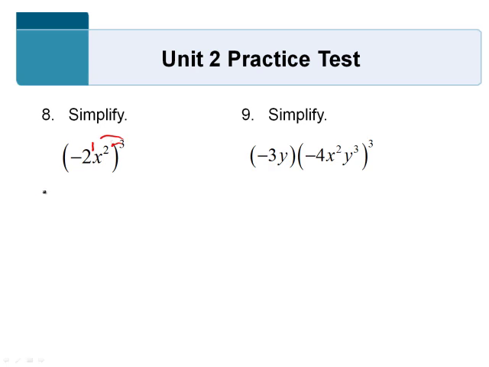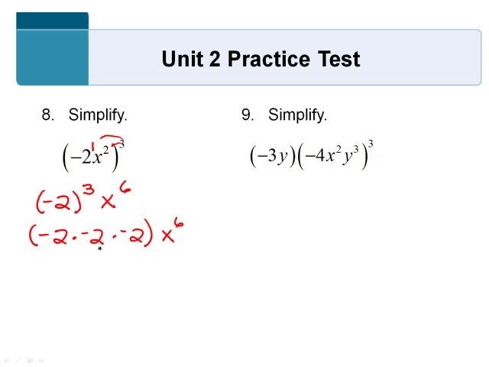So we're going to have negative 2, I'm keeping it in parentheses because it started in parentheses, and then you multiply 1 times 3 to the third, so negative 2 to the third, and x, 2 times 3 would be 6. So now what you have to do is you have to work out negative 2 to the third, which you multiply that 3 times, and we have x to the 6 just keeps coming down.